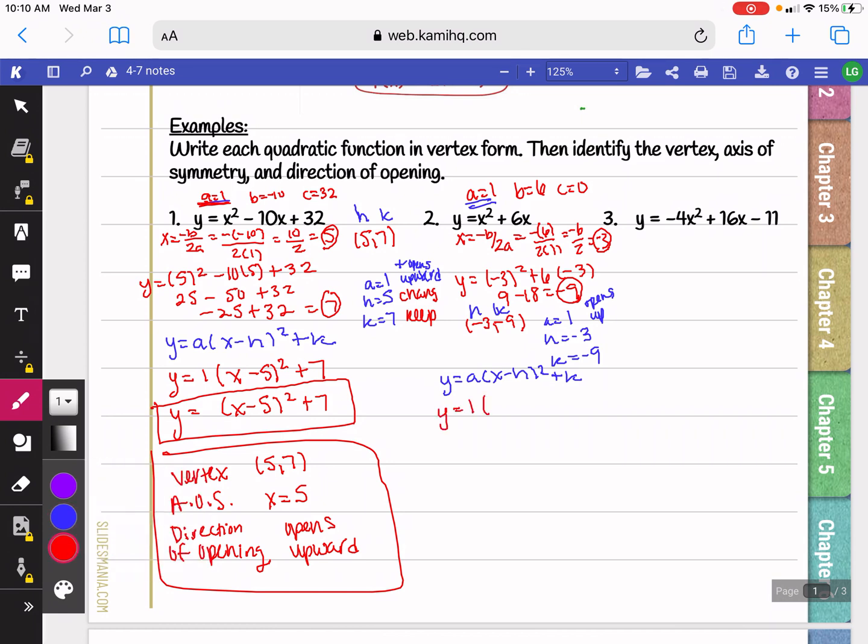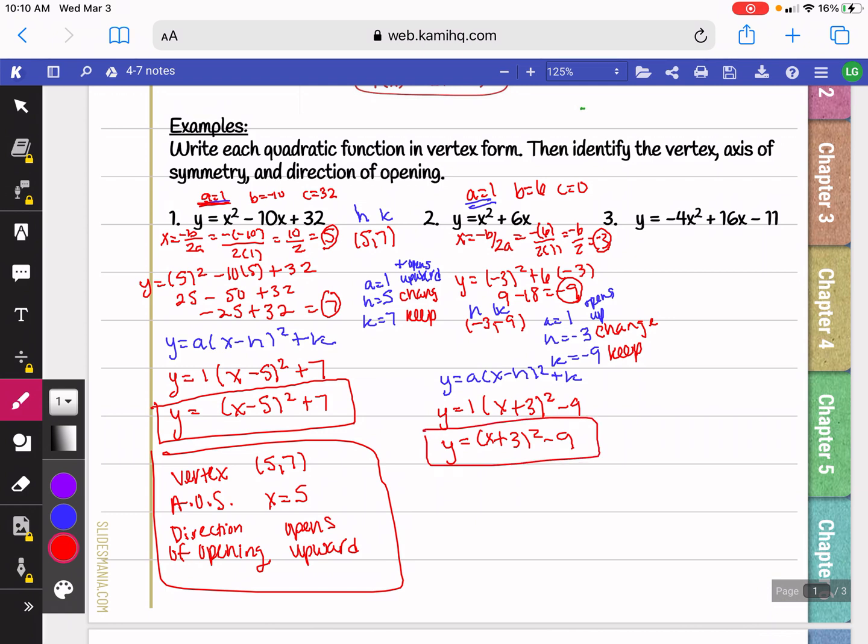So my a is 1. Remember, for h, you change it. So instead of -3, I'm going to put a +3. And for k, you keep it. So it's going to stay -9 at the end there. And that one can be imaginary. So x plus 3 squared minus 9.